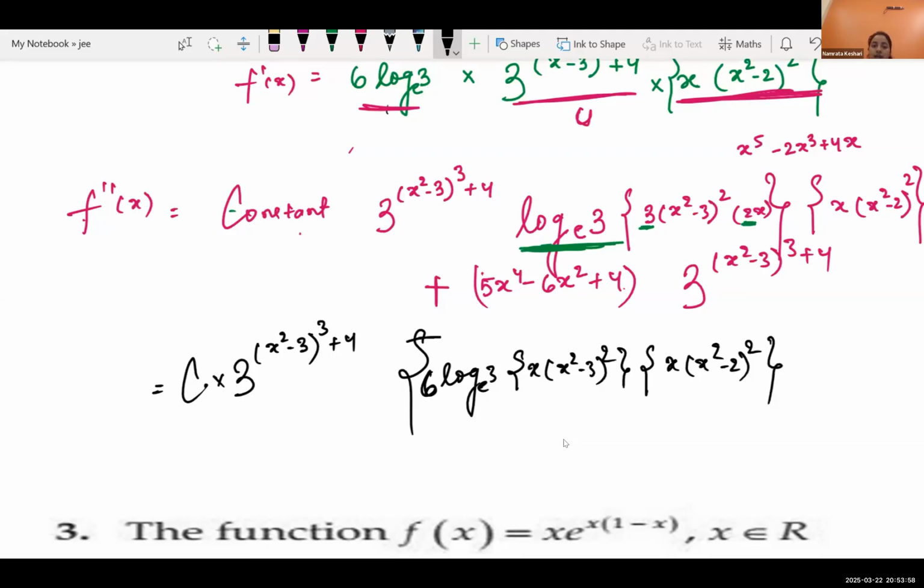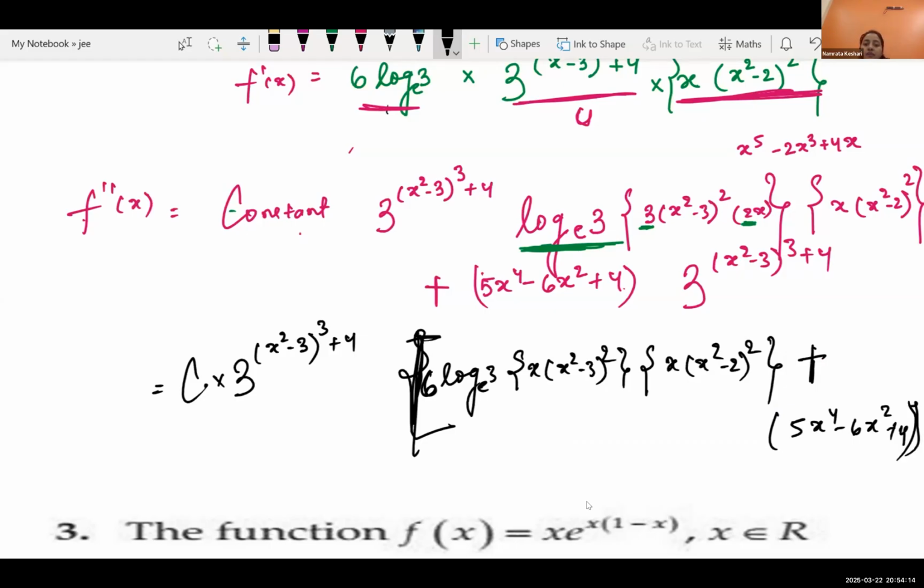I must take a rectangular bracket, and plus just this 5x to the power 4 minus 6x square plus 4. Any confusion so far, Meera and Upasna?